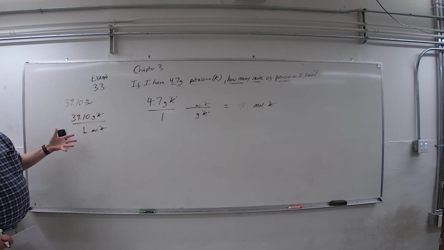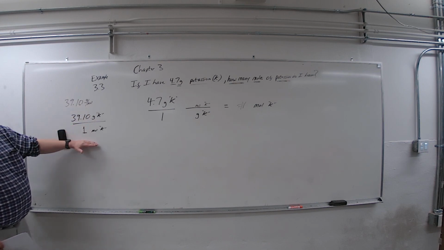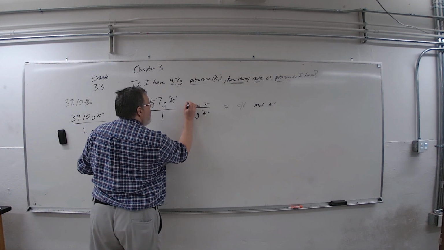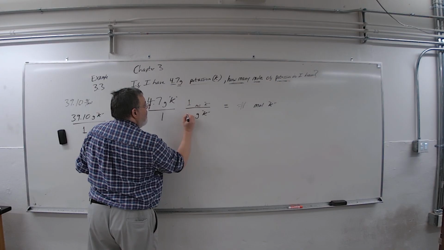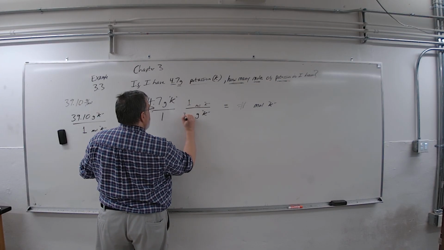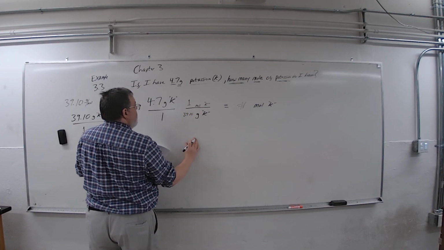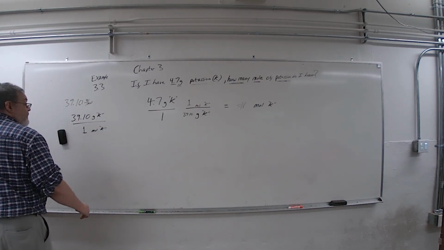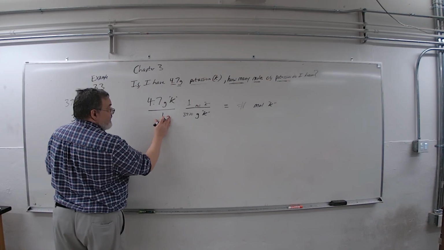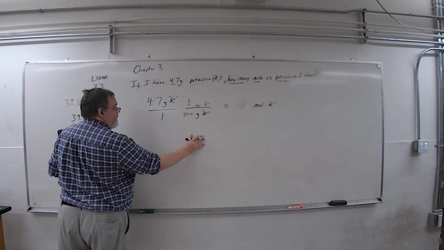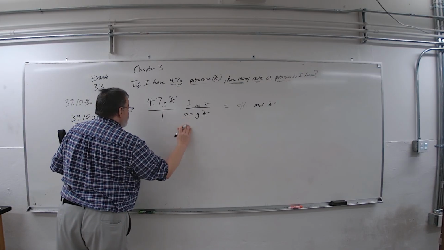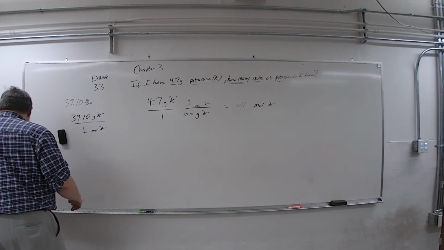I'm going to take everything on top and move it to the bottom, and everything on the bottom and move it to the top. 1. And the rest you just calculate. 2 significant figures, 4 significant figures. This little 1 that I stick here is infinitely exact. So it's 2 significant figures and 4 significant figures.